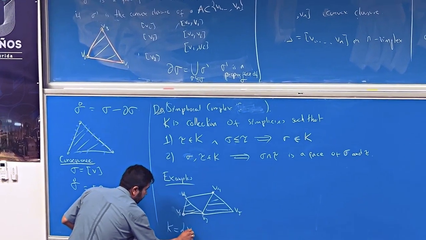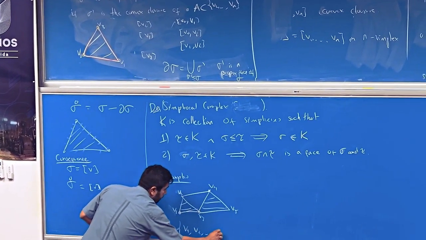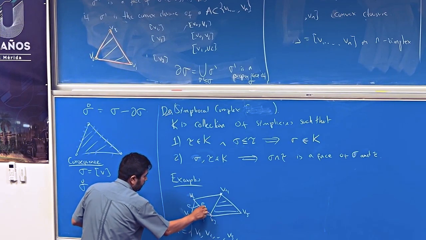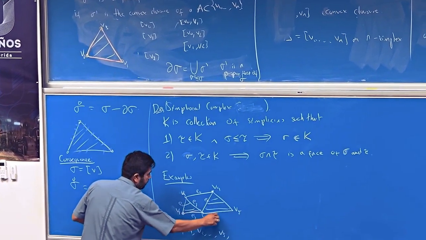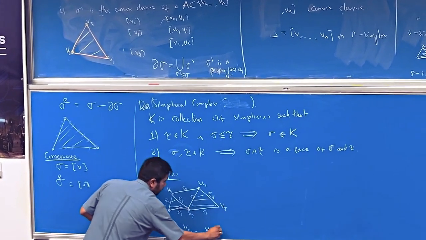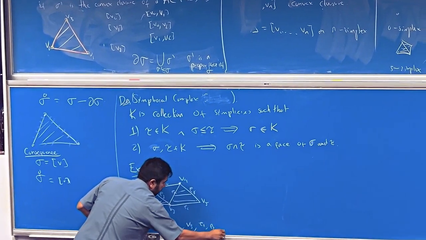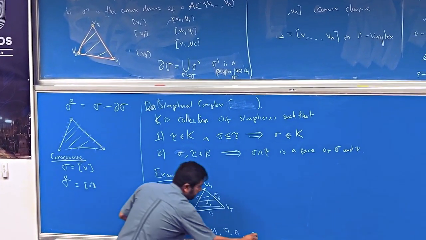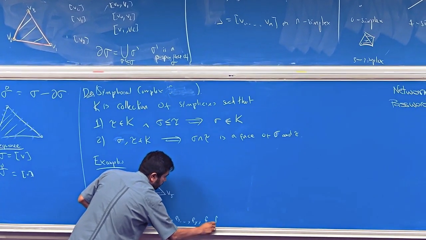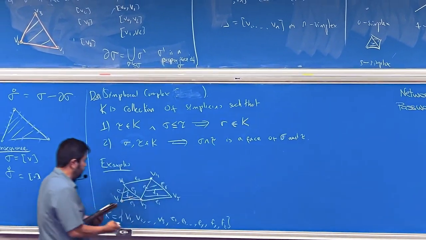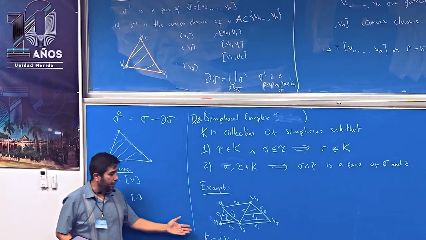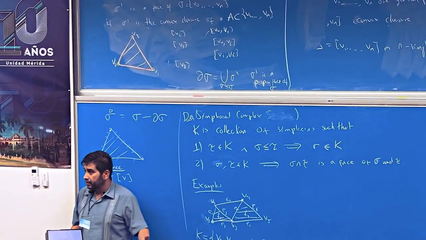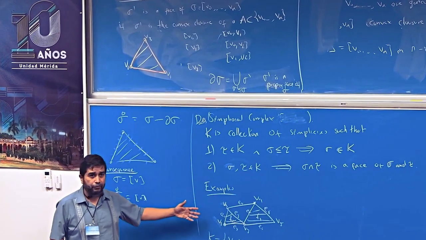Also, you are considering the edges. And the faces. So when you think of a simplicial complex, you have all these structures: the vertices, the edges, and the faces. All of that is all the things that are drawn here.